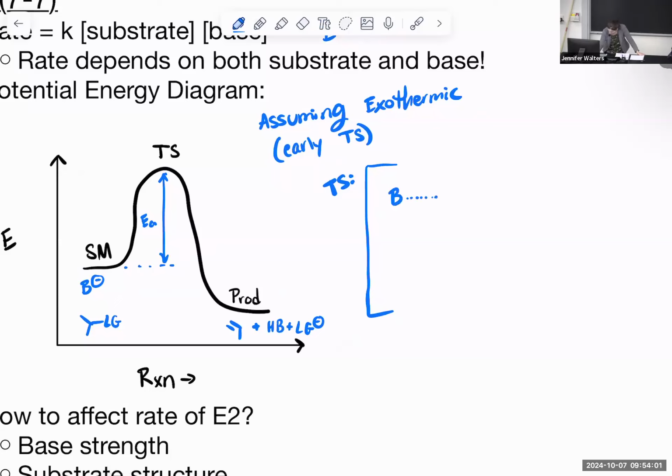It's going to be where I have a partial bond being formed between the base and the hydrogen, partial bond being broken between that hydrogen and that carbon, a partial double bond being formed between the carbons, and a partial bond being broken between the carbon and the leaving group.